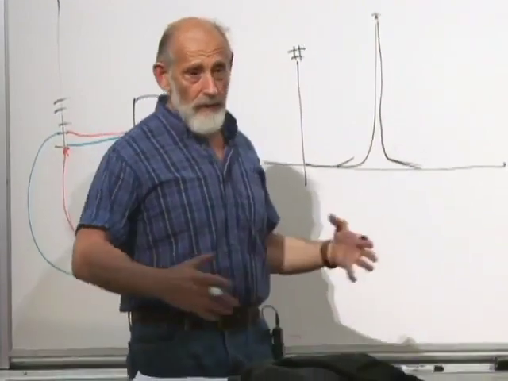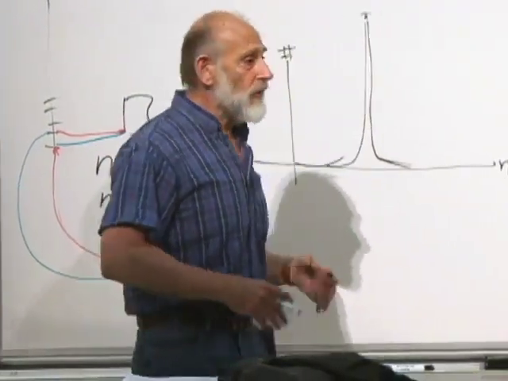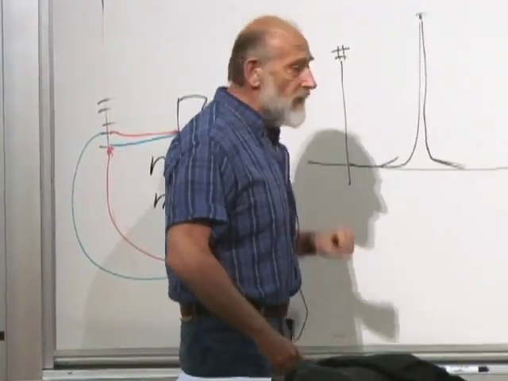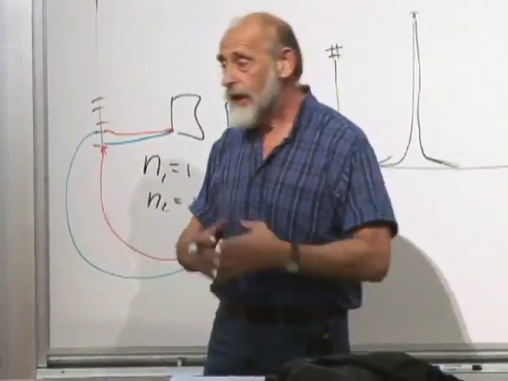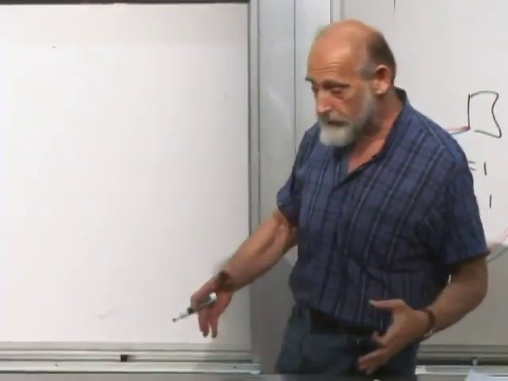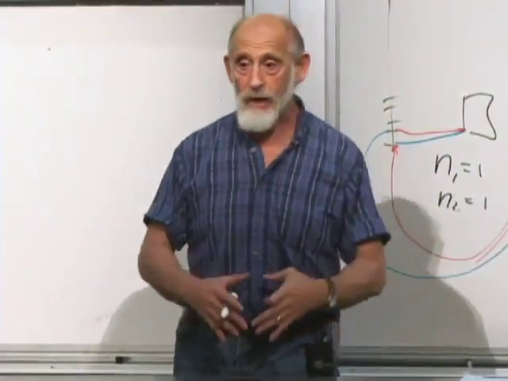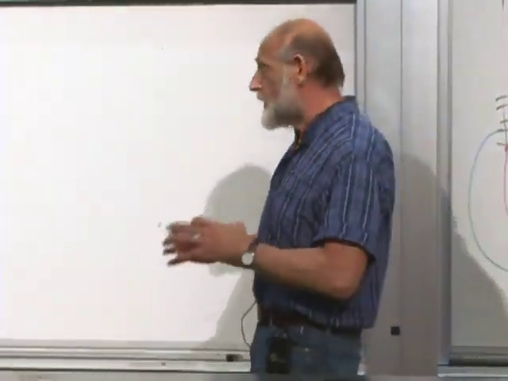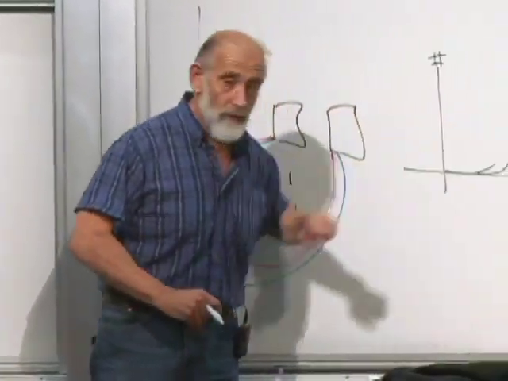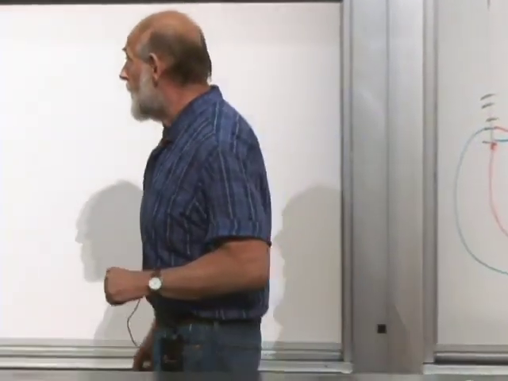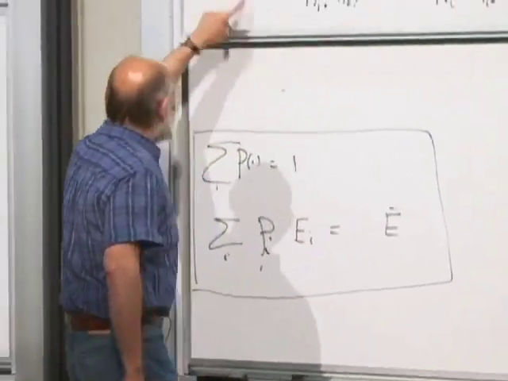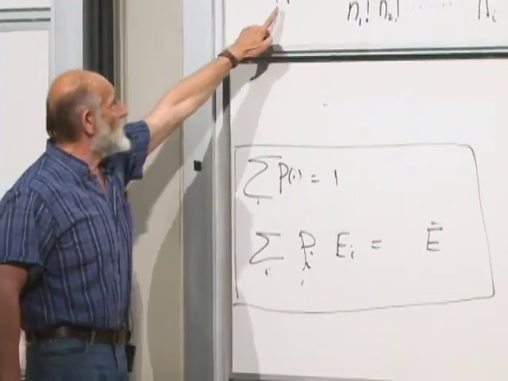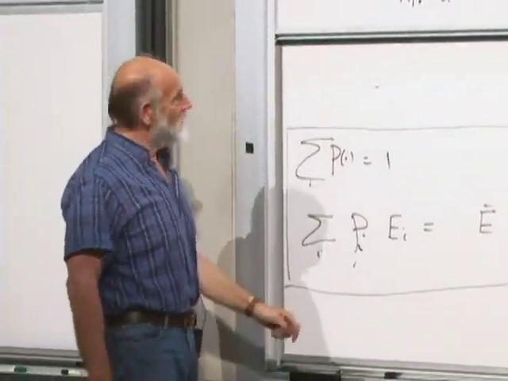In particular, if the system gets very, very big, it's extremely rare to find yourself away from the most likely set of occupation numbers. And as the system gets bigger and bigger, the ratio of these occupation numbers gets more and more tightly constrained to the value at the maximum of this function. So, we then have to find the maximum of pound here.